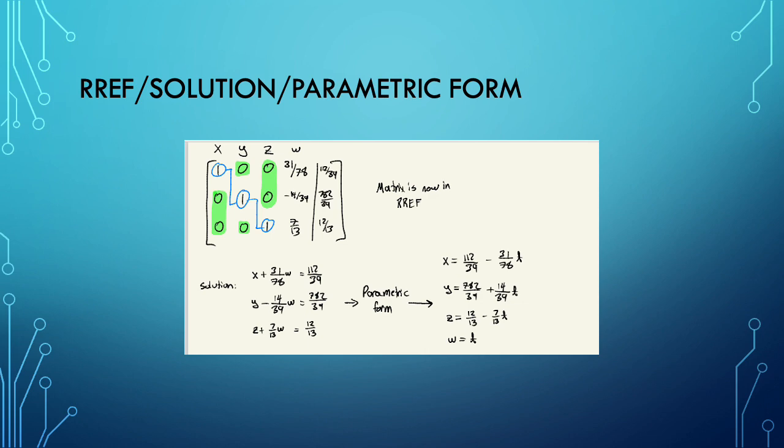And putting that into parametric form, just swapping out the W for a free variable, X equals 112 over 39 minus 31 over 78t, Y equals 782 over 39 plus 14 over 39t, Z equals 12 over 13 minus 7 over 13t, and W equals t.